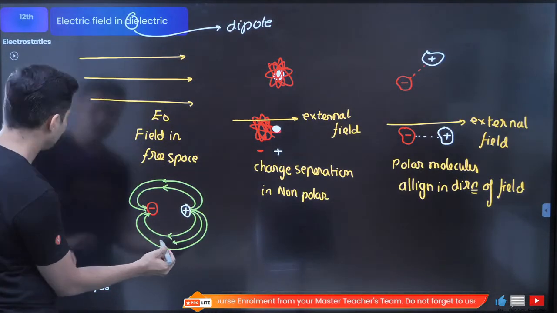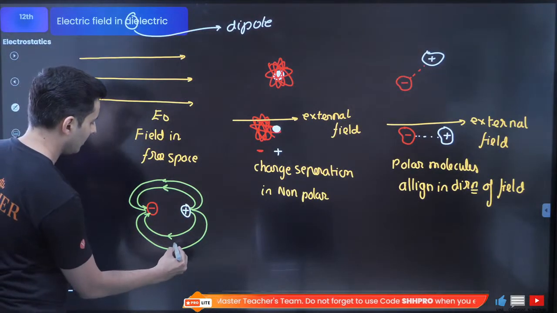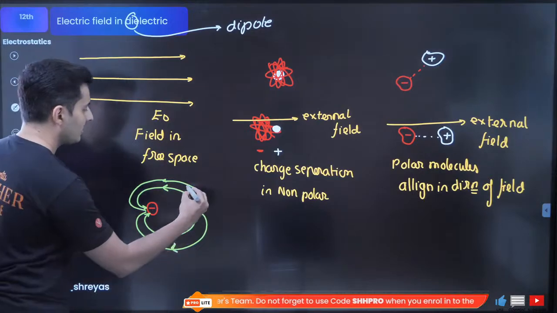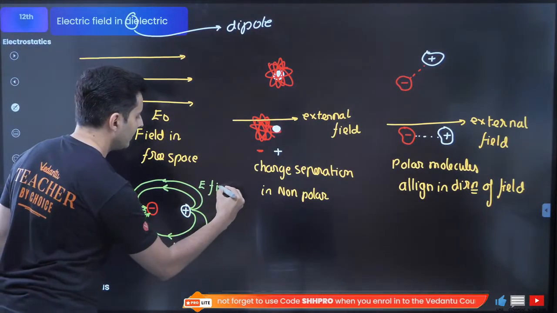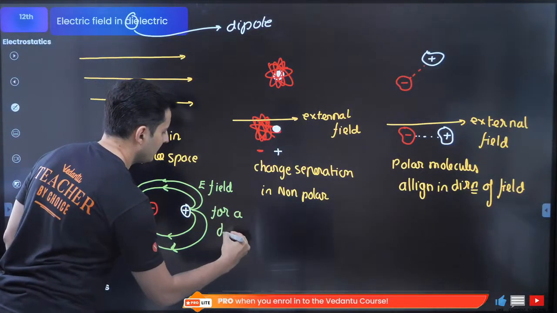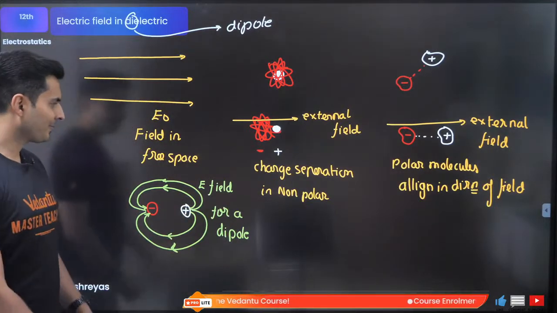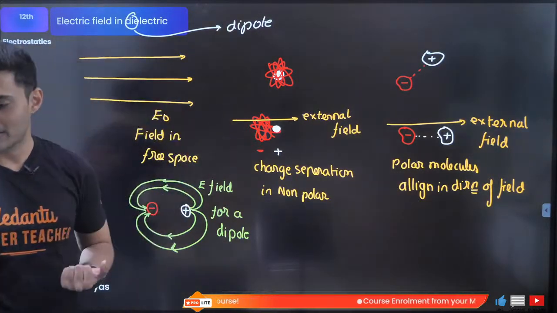I hope you guys can see this. All right, let me remove this. Great. This is how the electric field lines look for a dipole, two polarities separated by some distance.